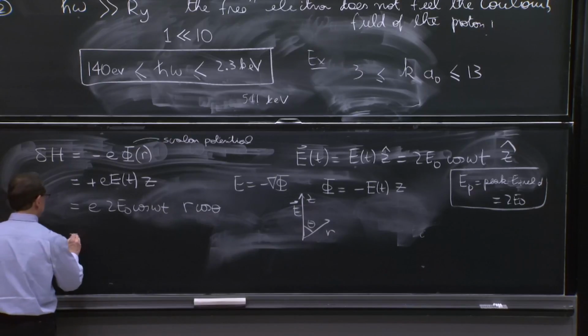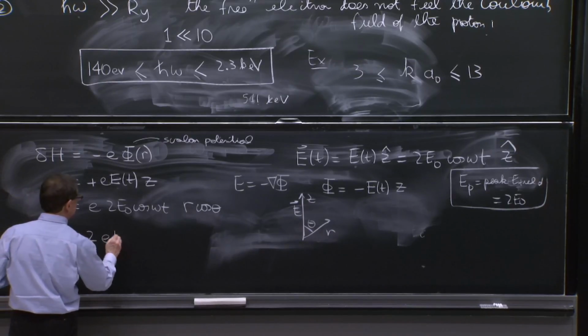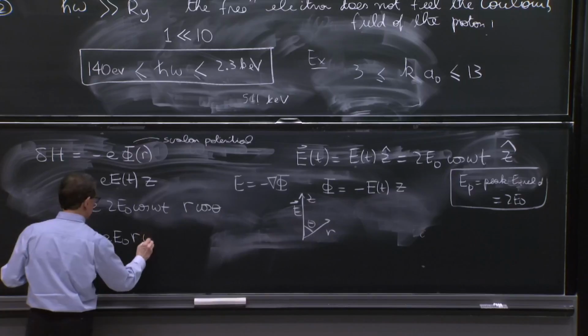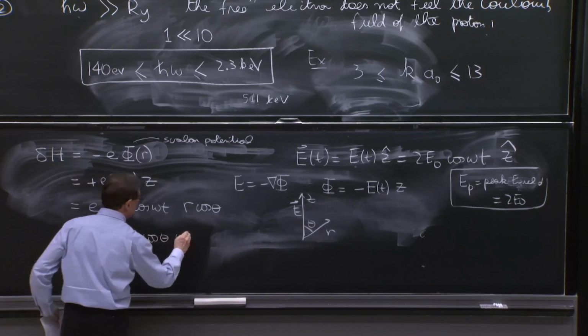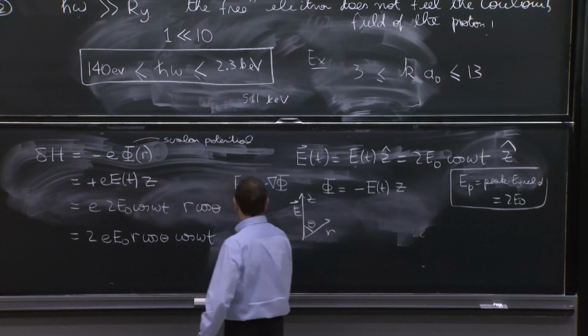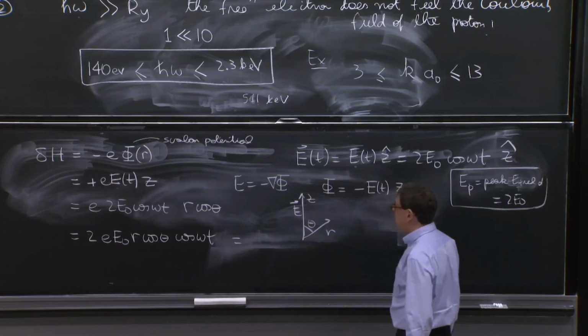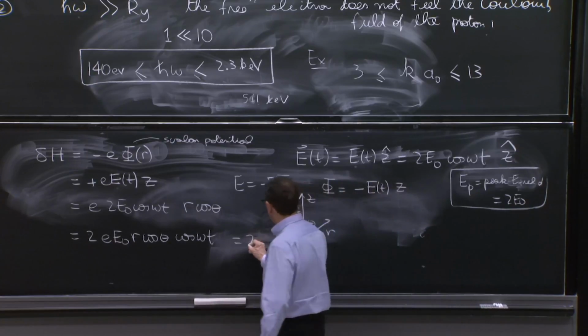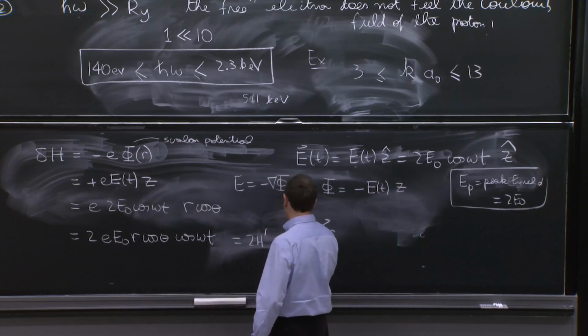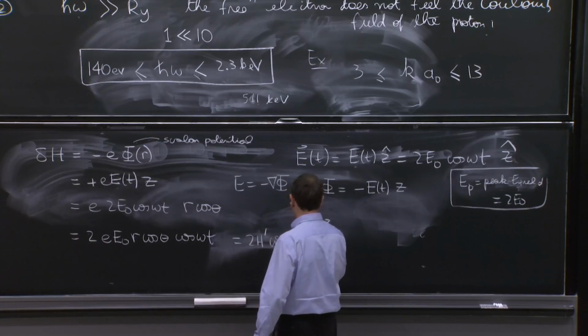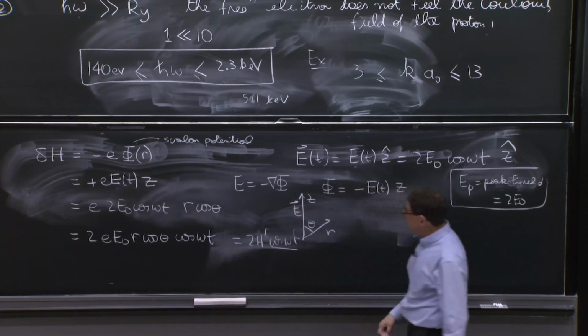So let's put it 2E0 r cos theta cos omega t. And this is our perturbation that we said is 2H prime cosine omega t. That's how harmonic perturbations were defined.